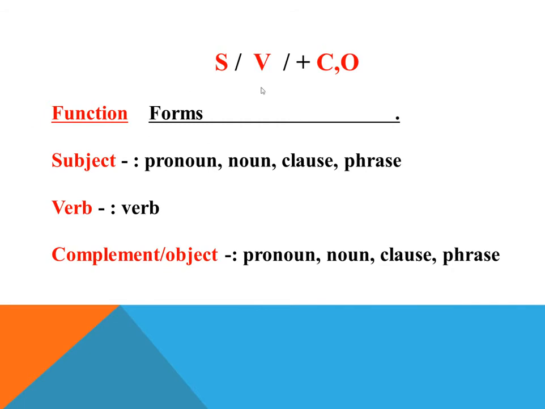However, for verbs, only the form of verb can represent the function of verb. While for the subject and complement, including the objects, we don't have a one-to-one relationship. It means that the function could be represented by many linguistic forms.